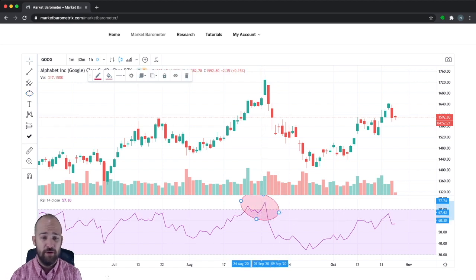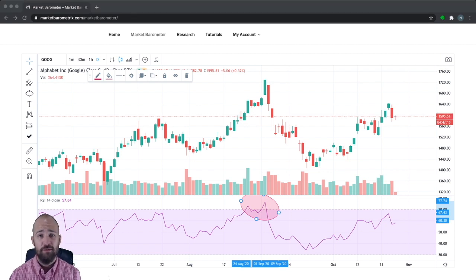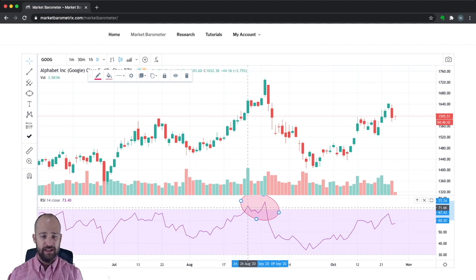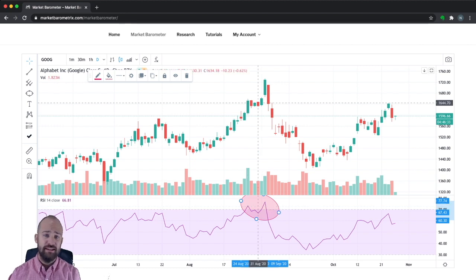Now, both of these overbought readings ended up providing a pretty good signal that the market was overbought and due for a correction. Now, the first overbought reading here in late August was something of a fake out because instead of price correcting right afterwards, it consolidated for a few days, meaning that in a way it digested the recent move higher and led to another push higher in the market.